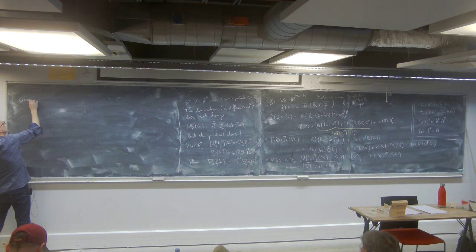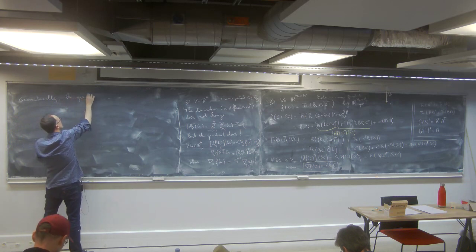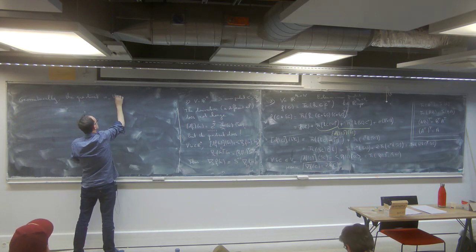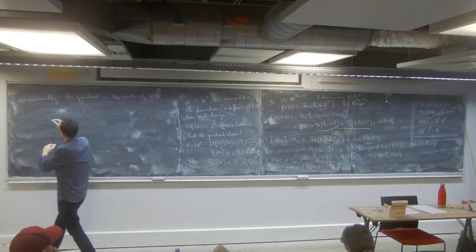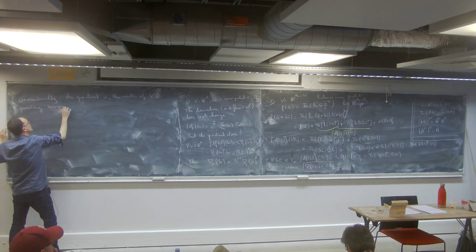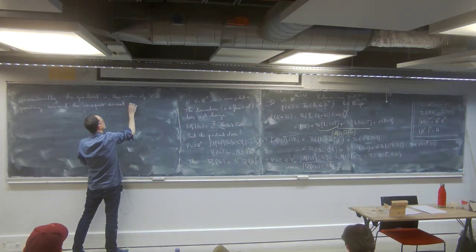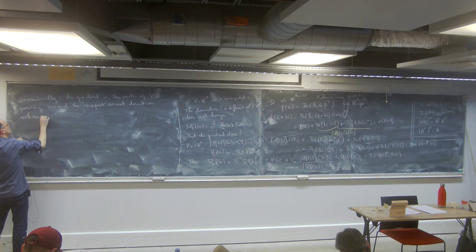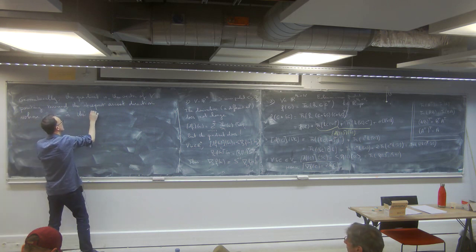Geometrically, the gradient of E is the vector pointing toward the steepest ascent direction, whose norm is the steepness.